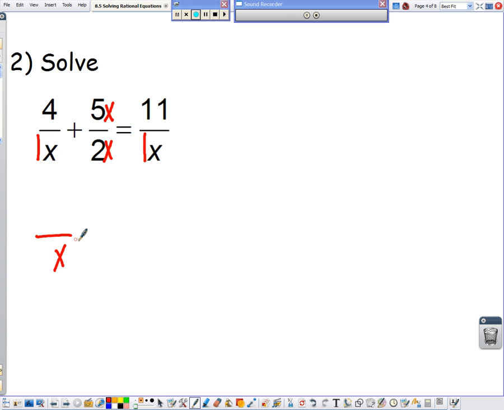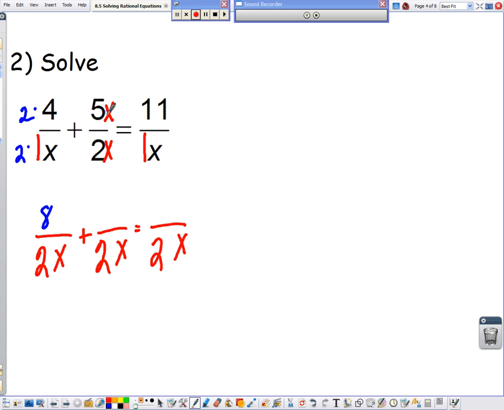Since they all have to have an x, now I'm just looking at what number 1, 2, and 1 have in common. The first number that 1, 2, and 1 have in common is 2. Now that I've taken care of the variables, the only thing I need to worry about is 1 times what will give me 2. So 1 times 2, I multiply the top times 2, and I get 8. 2 times what will give me 2x?